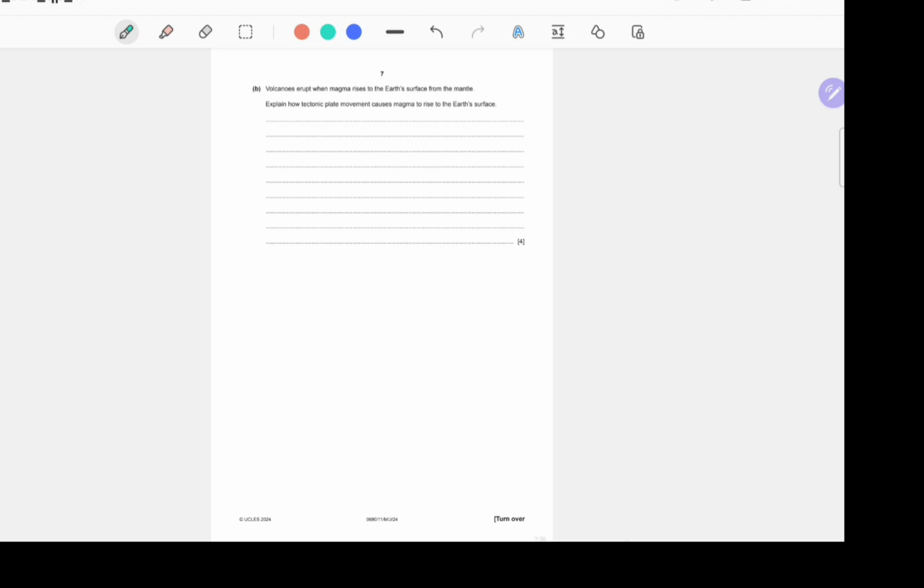When two oceanic plates move away, convection current rises to the surface. This is a constructive plate boundary. How will we write constructive tectonic plates? When two plates move away from each other, this is the constructive boundary.